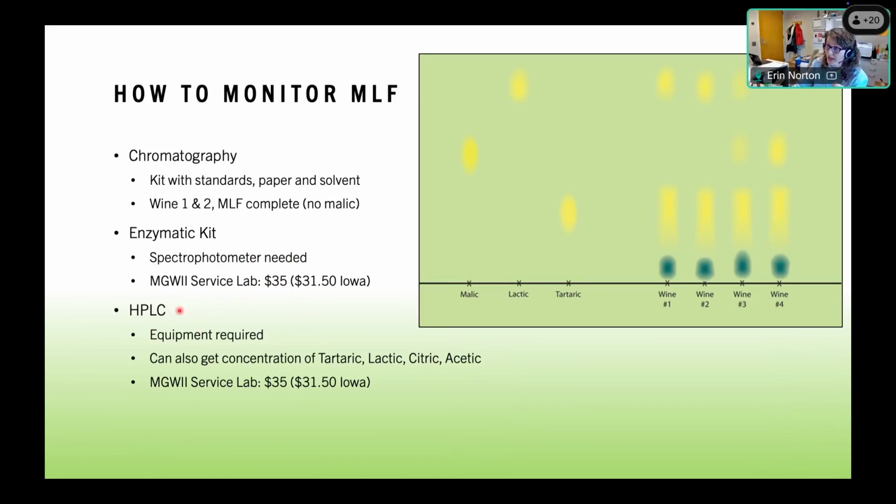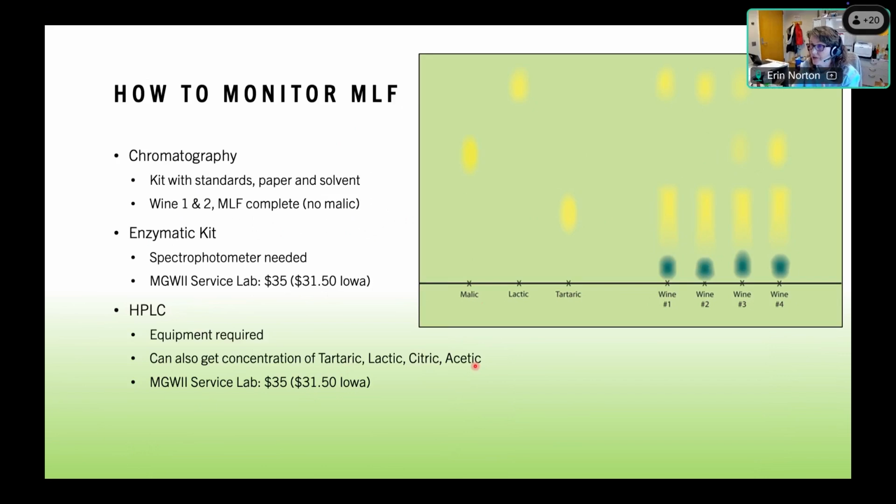Now, on the flip side, we can also run an HPLC, so high performance liquid chromatography, which is actually kind of similar to this, but we won't get into that. Anyway, specialized equipment required. But if you want to run this HPLC for the same price as just doing the malic acid enzymatic kit, you can also get your concentration of tartaric, lactic, citric, and acetic, which is actually something you should be monitoring anyway, right?